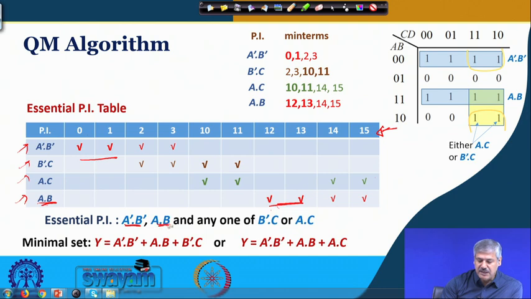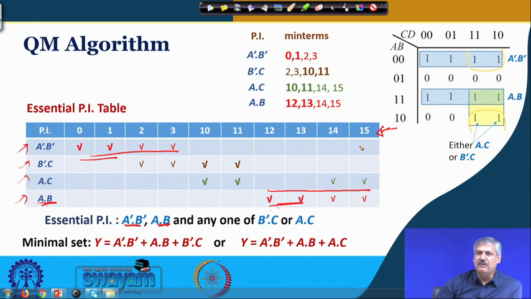Now, when A prime B prime and AB are included, these need to be considered in the SOP form. So, what are the min terms that remain yet to be covered? They are 10 and 11, because A prime B prime and AB are covering 0 1 2 3 and 12 13 14 15.